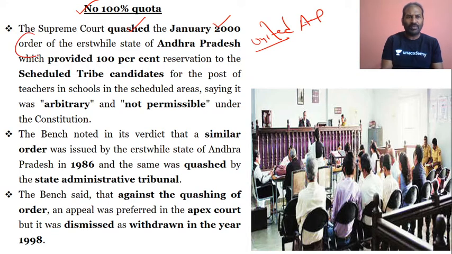This is very important from the prelims point of view, because many of you will think the Supreme Court quashed the Andhra Pradesh 100% quota for teachers in schools, but it is the January 2000 order of the erstwhile Andhra Pradesh, which provided 100% reservation for scheduled tribe candidates.